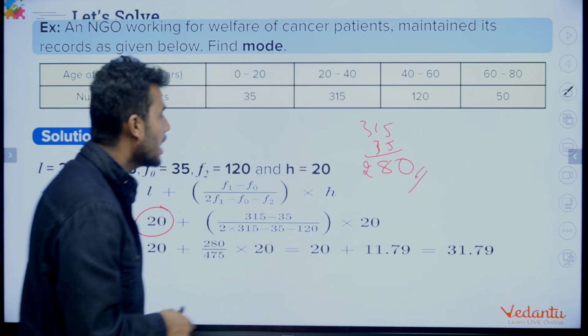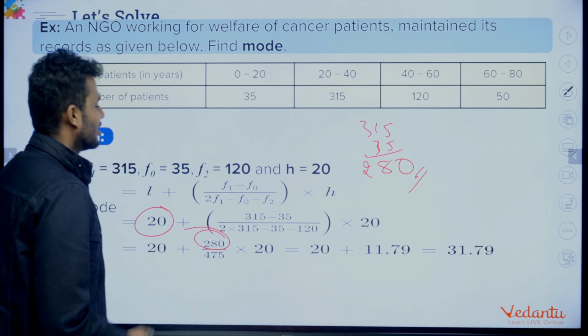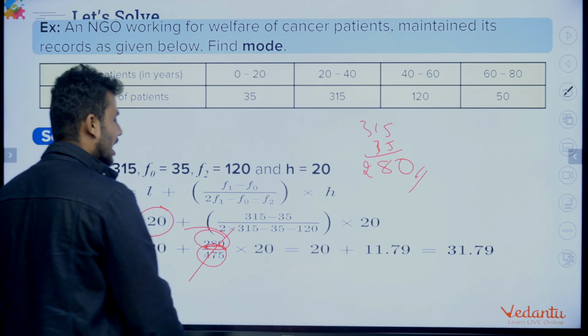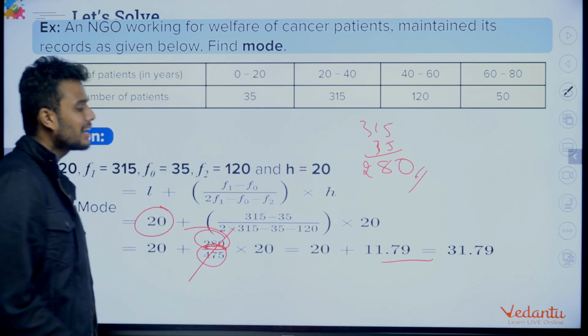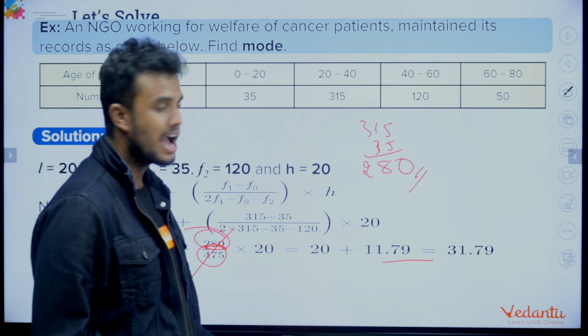Yes, super. 280 is coming. 280 is here only. 2 into 475, then solve this. You got the answer like 11.79. Add the two values, 11.79 plus 20. You got 31.79. I hope it's clear.